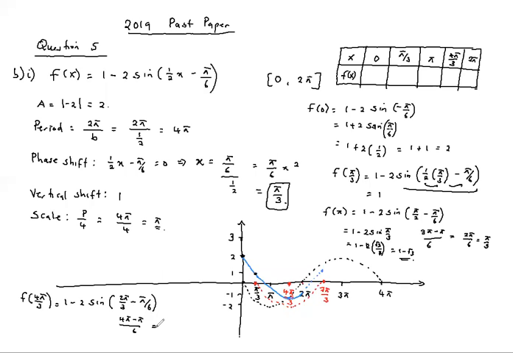That is 3 pi over 6, which is pi over 2. Sine pi over 2 is 1. So we have 1 minus 2, which is negative 1. And that's why this is at negative 1. And so for 2 pi, again, you won't know because it won't be a standard value there. So that's how your sketch would come out.